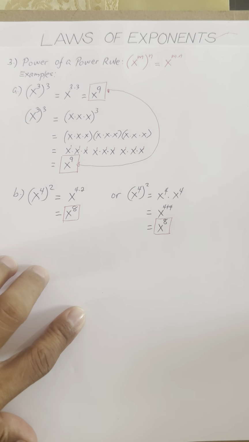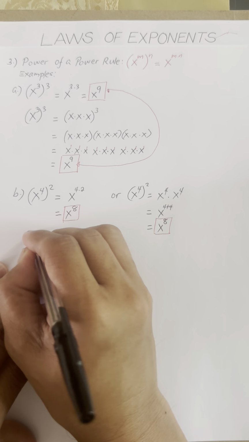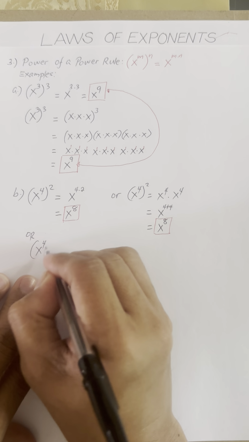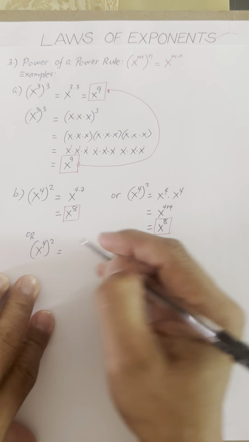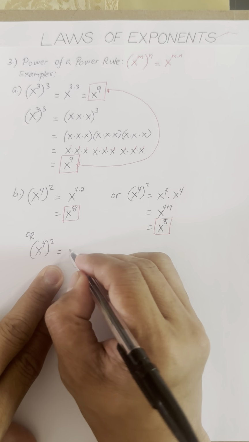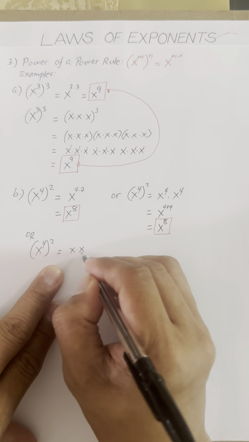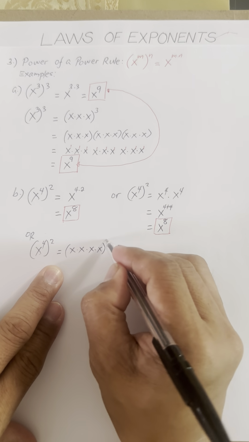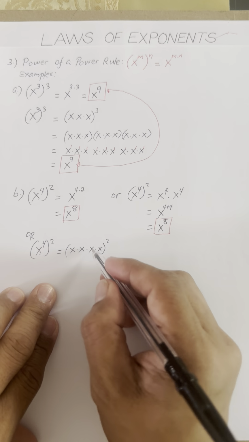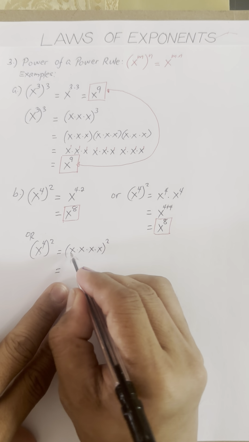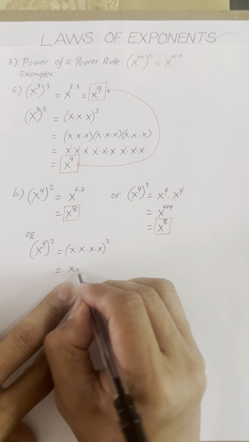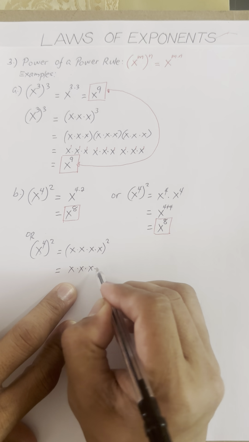Or using the long method, we can also do x to the power 4 raised to the power 2, which is equal to x to the power 4, meaning there are 4 x's multiplied, then raised to a power 2. This is equivalent to having 2 quantities with 4 x's being multiplied, something like this.